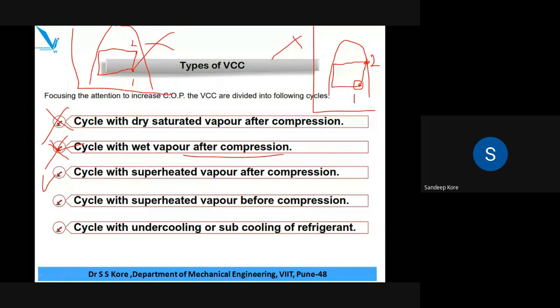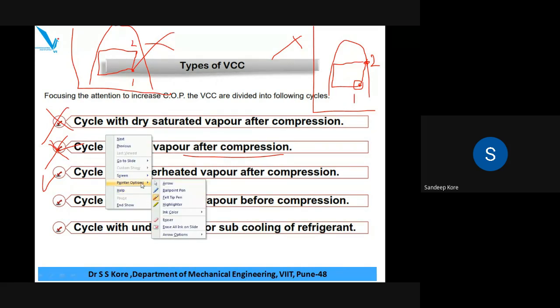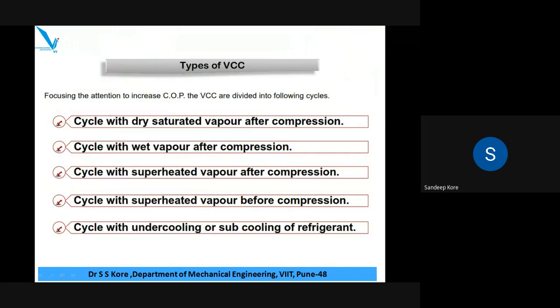The first two cases we are not going to study because practically these are not used. So we are going to concentrate on the third, fourth, and fifth case.